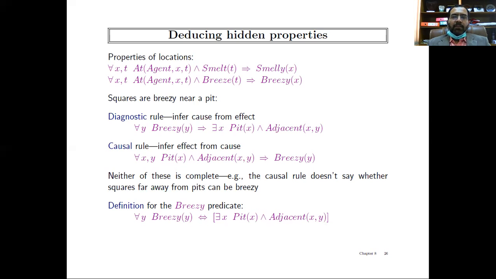Whenever we say diagnostic rule, it means that we infer cause from the effect. For example, let's suppose you are representing in your knowledge base how a doctor diagnoses a certain illness or disease in a patient.